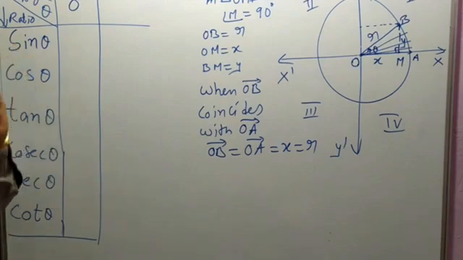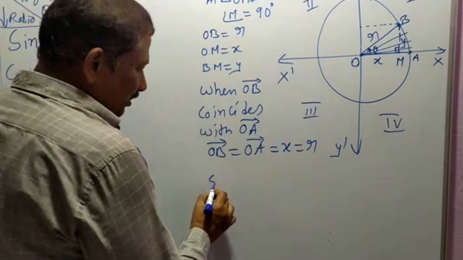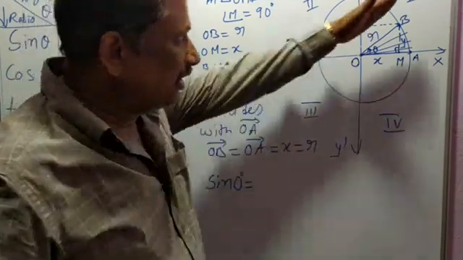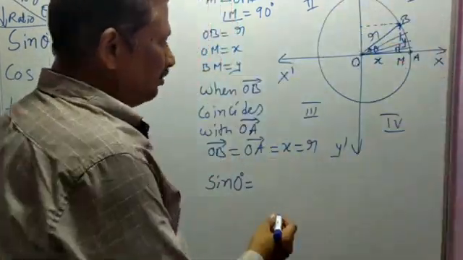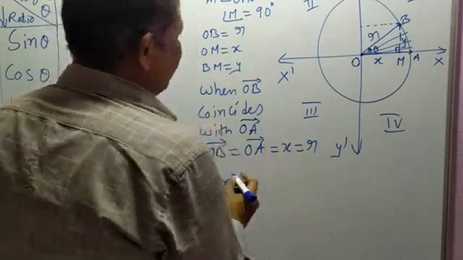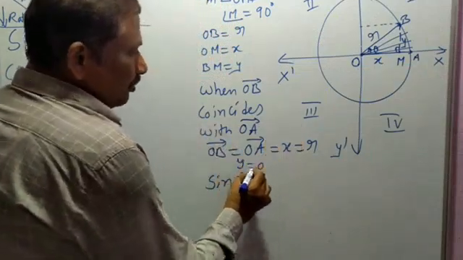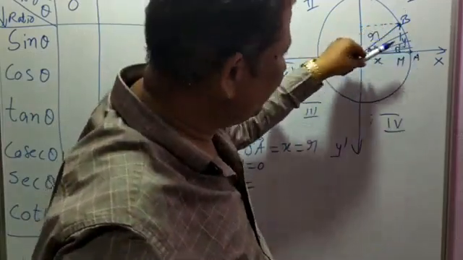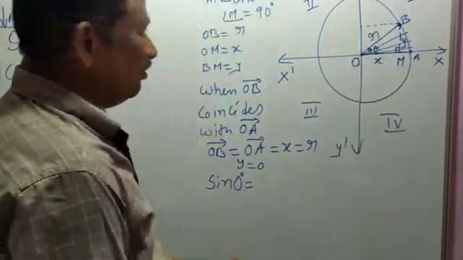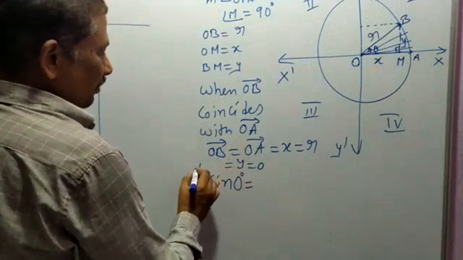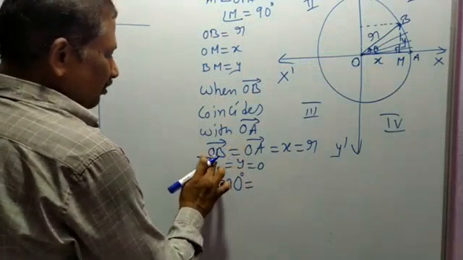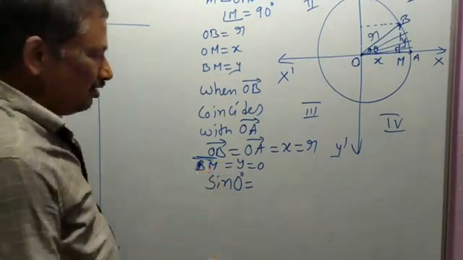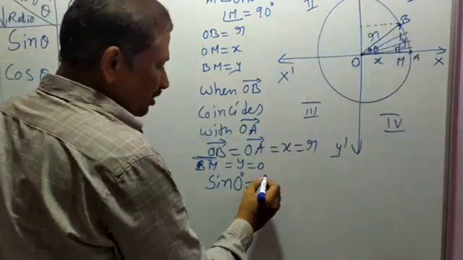Now first we will find the sine. What is the value of sine 0 degrees? In sine 0 degrees, the opposite side becomes 0. Here y becomes 0, because when this ray makes a 0 angle it coincides with OA, so y, which is BM, becomes 0. Now sine is opposite side by hypotenuse.